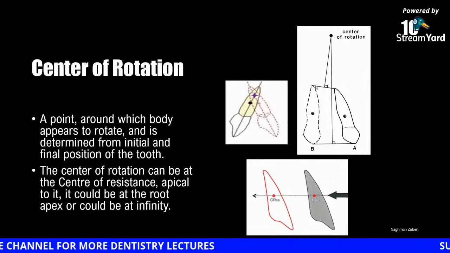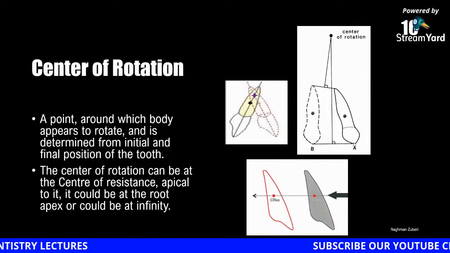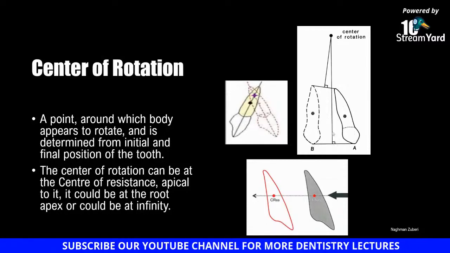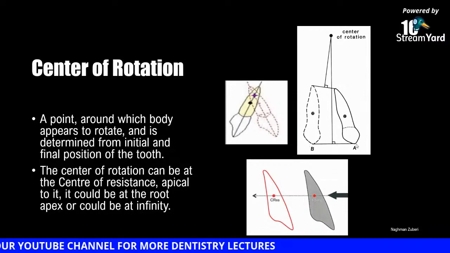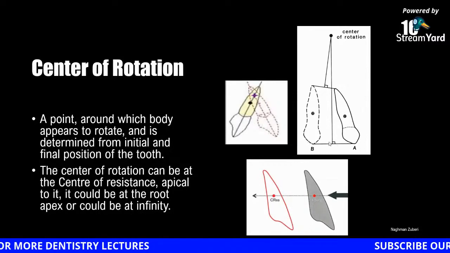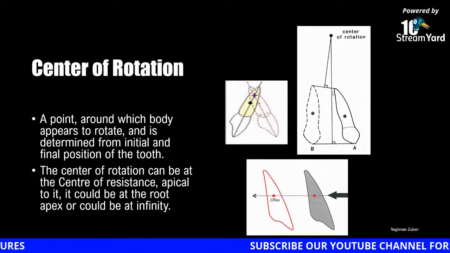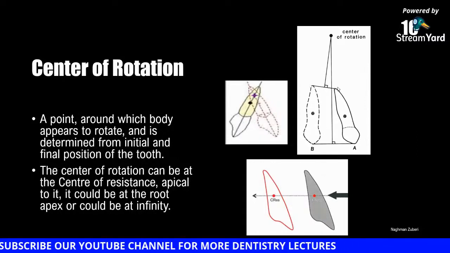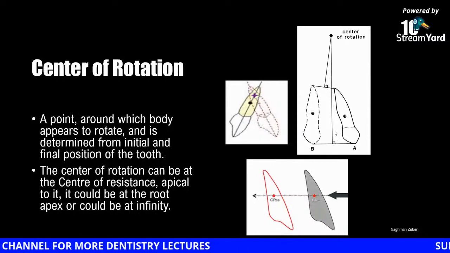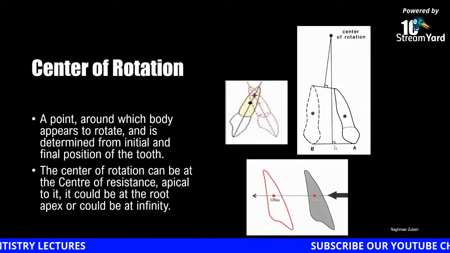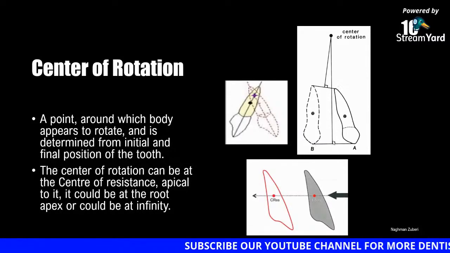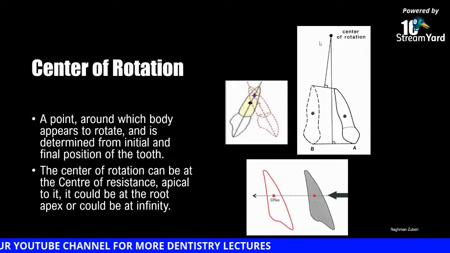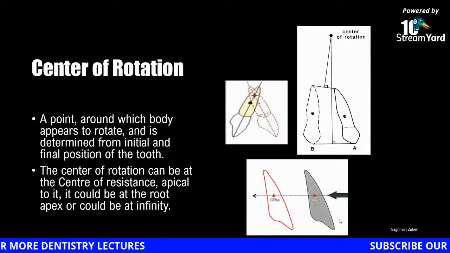So in this case, how can we find out the center of rotation of that tooth? We take the first position and the second position. At the incisal tips, we have a straight line over here. Similarly, at the apex, the first position and the final position, we have a straight line over here. We will erect two verticals on these lines, and the point of intersection of those verticals is the center of rotation in that case.